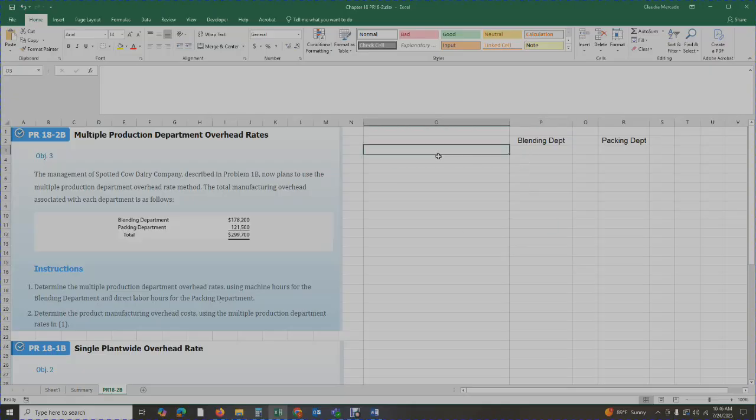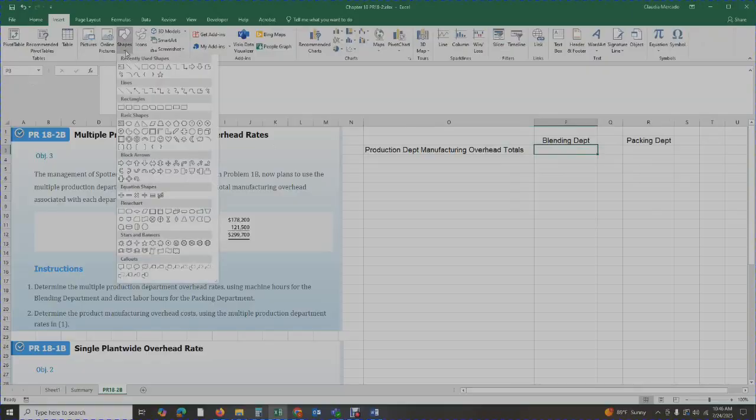We're going to start off with the production department manufacturing overhead totals. Now per the problem, this is given to us. We don't have to do any rocket science here.